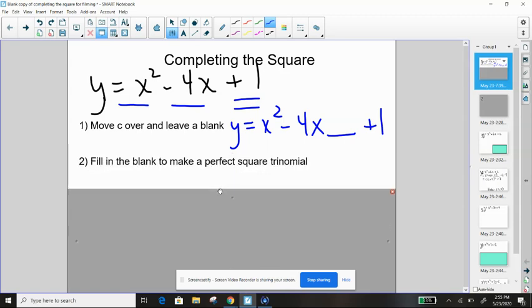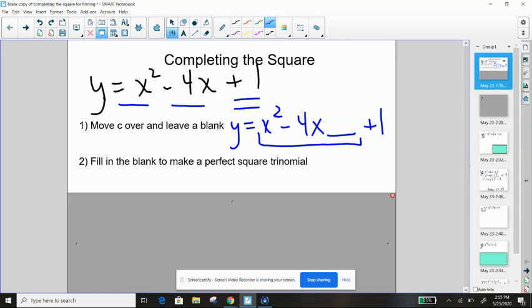Now we're going to fill in the blank to make a perfect square trinomial. If you don't remember perfect square trinomials, go back to Mr. Spooner's video called Special Factoring back in early April to give yourself a little refresher on that. But basically, I'm trying to make this into a trinomial that started out as something squared.